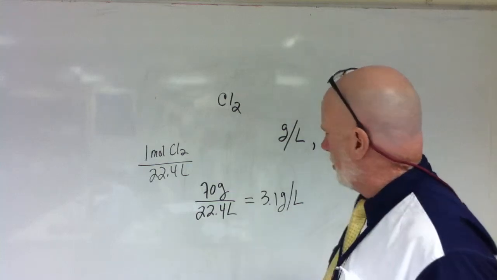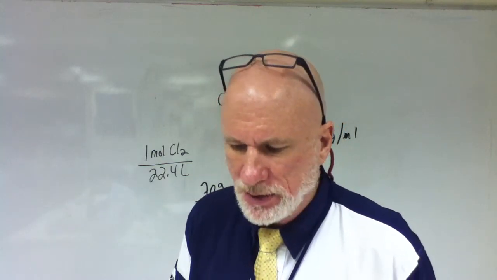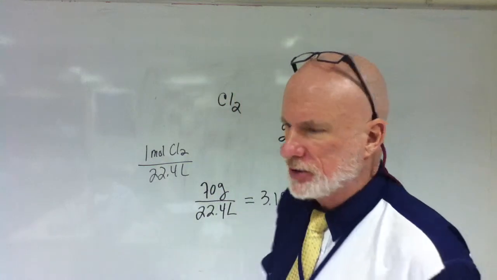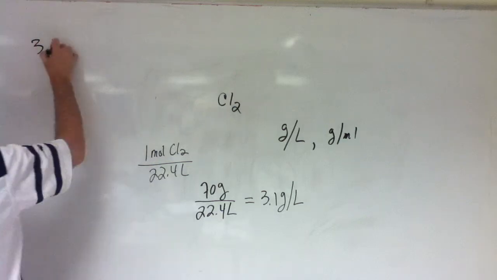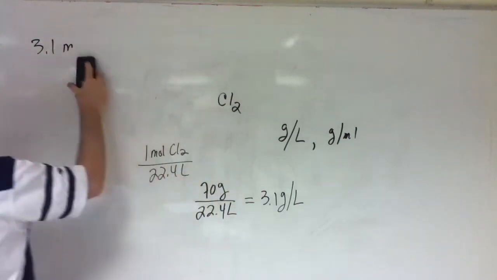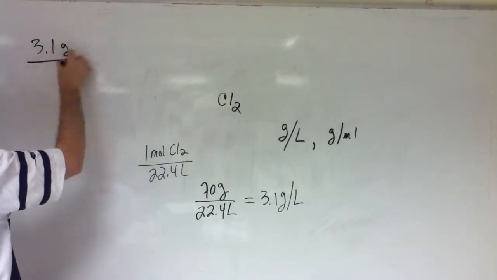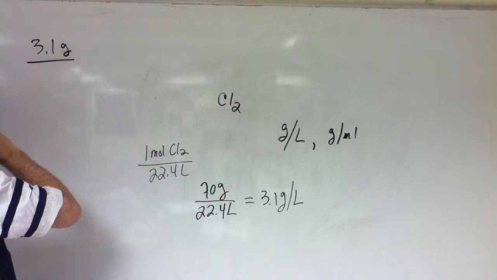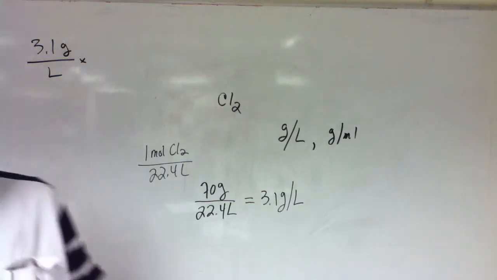All right. So let's convert that to grams per milliliter. 3.1 grams per what? Per liter.